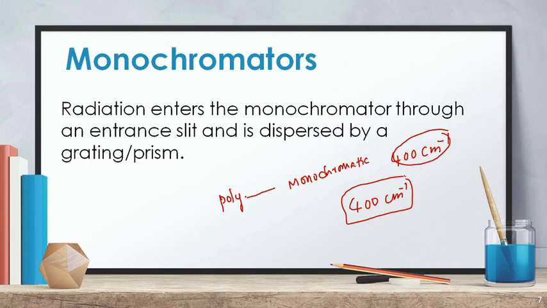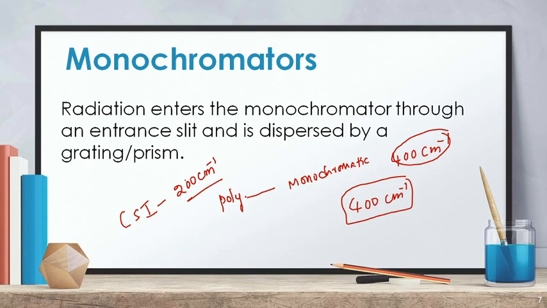There is also the choice of cesium iodide, because cesium iodide can transmit down to around 200 cm⁻¹. So this is also transparent for IR radiation.